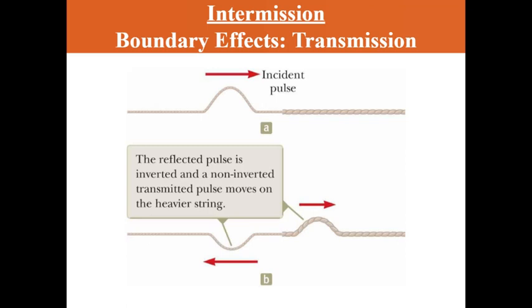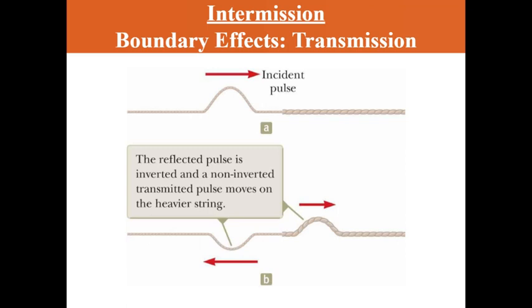When that does happen, what you have is a pulse traveling through, and once it reaches the interface between two mediums, such as a thinner rope connecting to a thicker rope, some of the pulse will transmit through, and part of it will get reflected back.